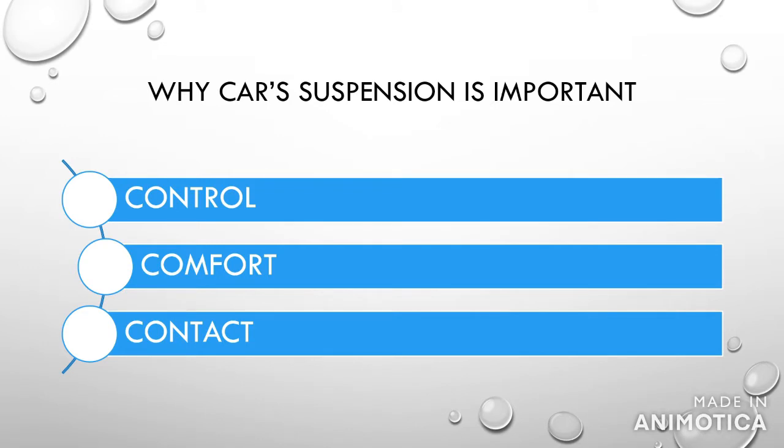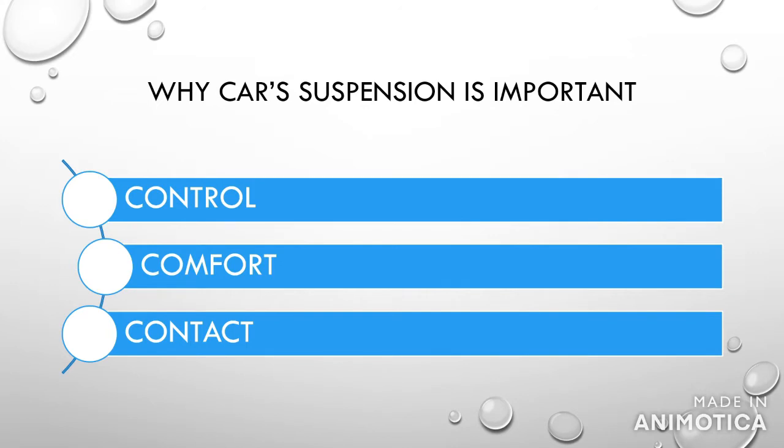Control: we want to ensure that we have control over the car and the car does not swing to the left or swing to the right when you're turning right or left, for example. Comfort: you want to still feel comfort when your car goes over a bump, to make sure that your driving experience is a comfortable experience.